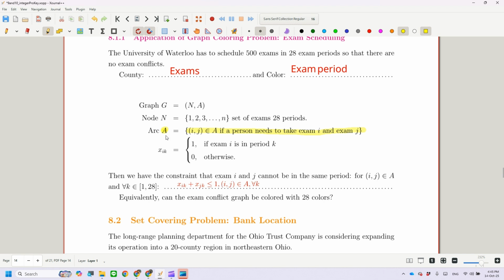So once we form a set A of the exams that cannot be at the same time, we can have this constraint that xik plus xjk is at most 1, so they cannot be in the same time period k.